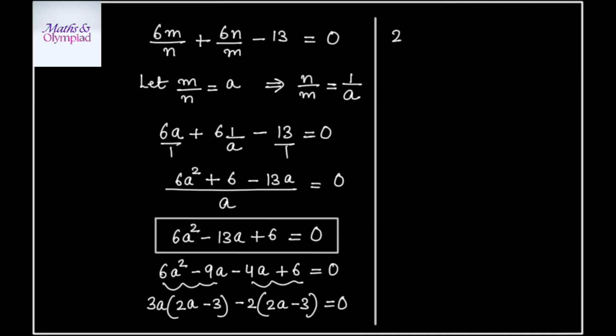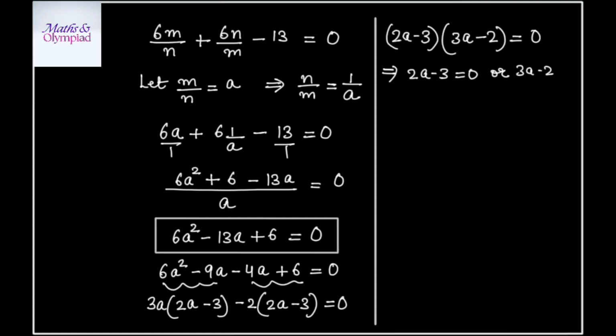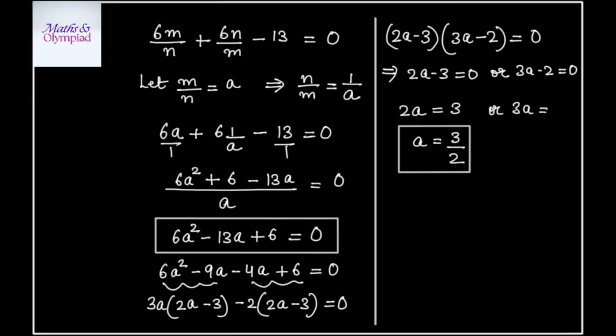Again, we have a common factor 2a minus 3. I am taking it out. This implies 2a minus 3 equal to 0 or 3a minus 2 equal to 0. So we have got a equal to 3 over 2 or a equal to 2 over 3.